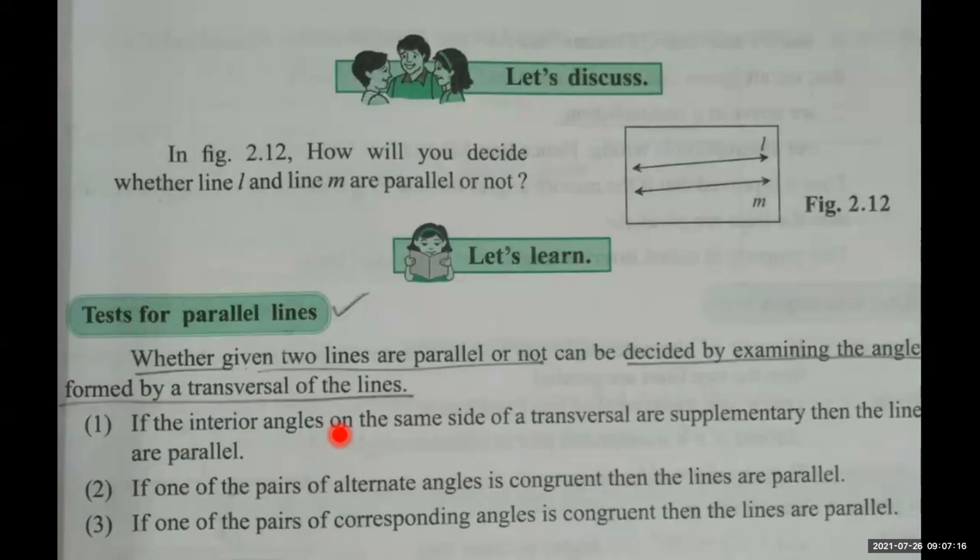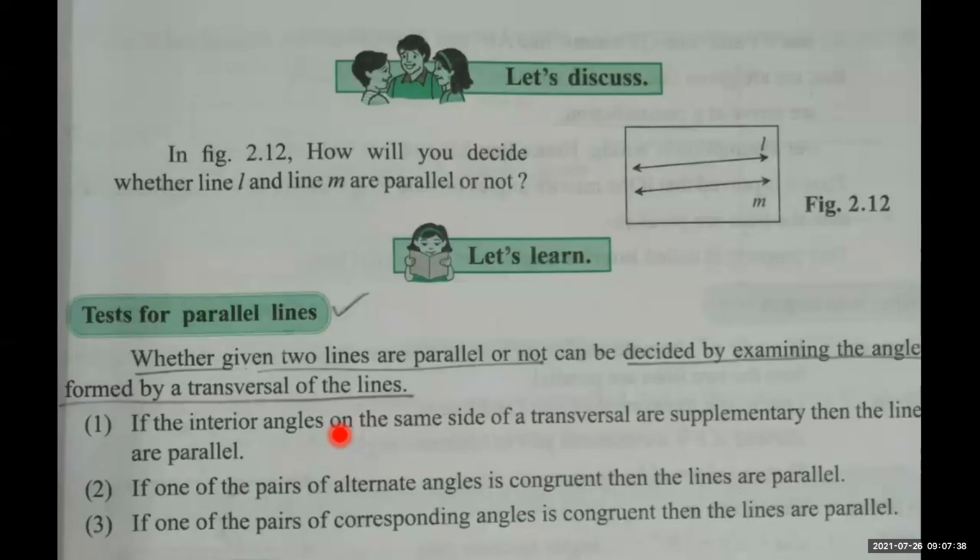Now, in any solution, if we find that the interior angles measure together 180 degrees, then we can say that the given lines are parallel. Okay, you know better which are the interior angles.